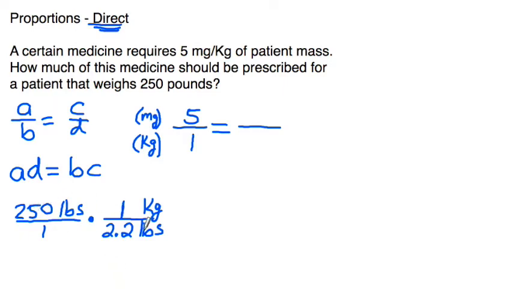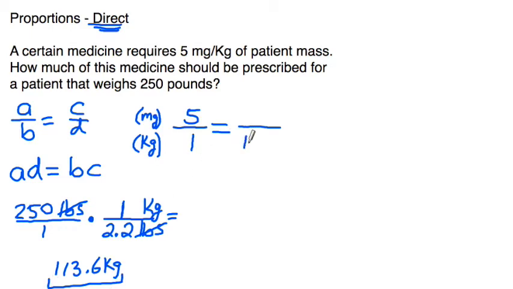So we need to just take 250 and divide it by 2.2. When you do that, we get 113.6. And of course the pounds are going to cancel, and all you're left with is kilograms. 113.6 kilograms is the weight of the patient, or mass of the patient, now that it's in kilograms.